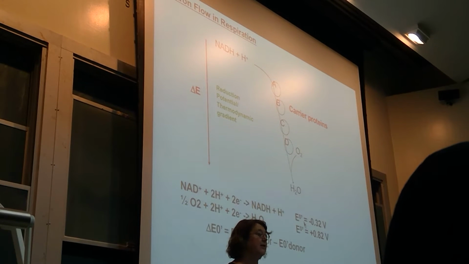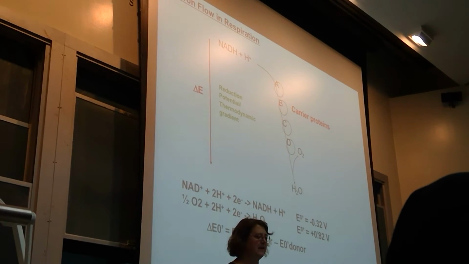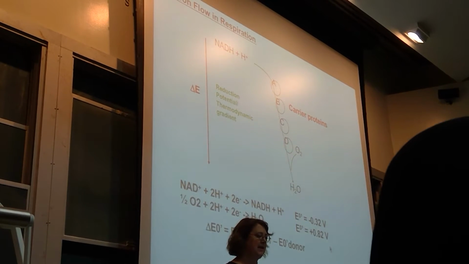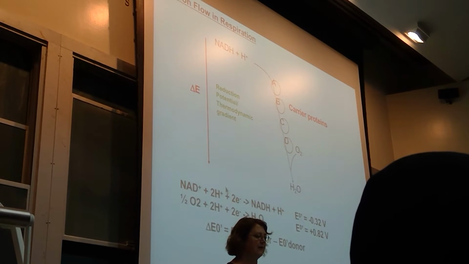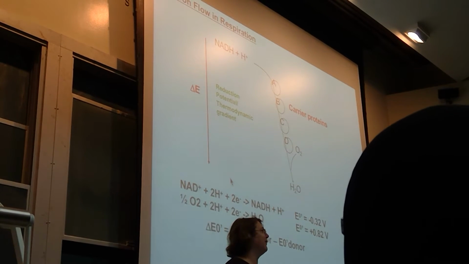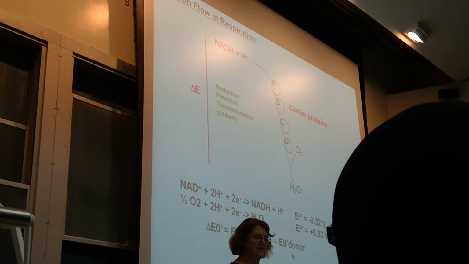And so you can look up in your tables this E value, and you'll see this one is minus 0.32 and plus 0.82. You're always wanting to go right in this direction in terms of this reduction potential. So if you were calculating the free energy, again, these are things you might encounter on your exam, you would know that it's the E0 of the acceptor minus the donor.